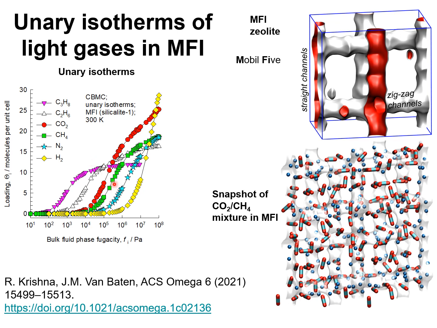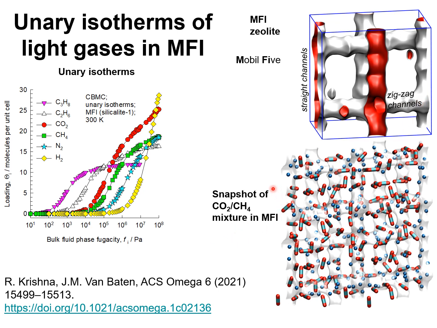This requirement is difficult to meet in practice, as illustrated in this graph that shows the unary isotherms for a variety of gaseous molecules in MFI zeolite. MFI stands for Mobil 5, and it has an intersecting channel structure with straight channels and zigzag channels.